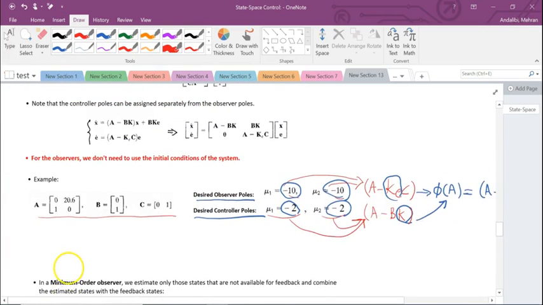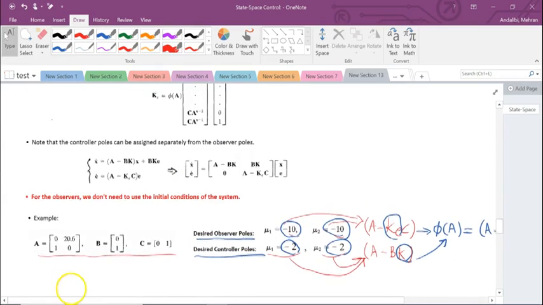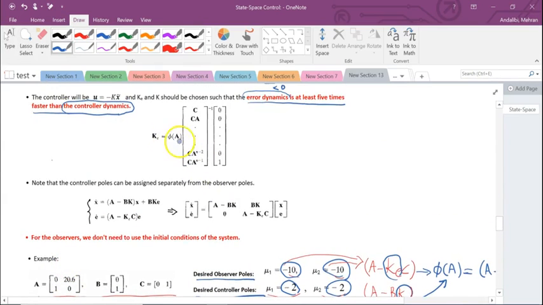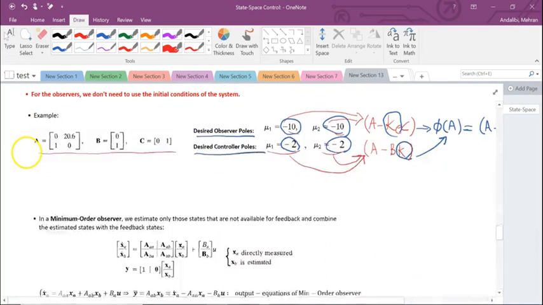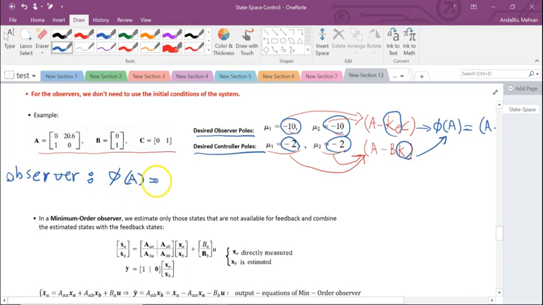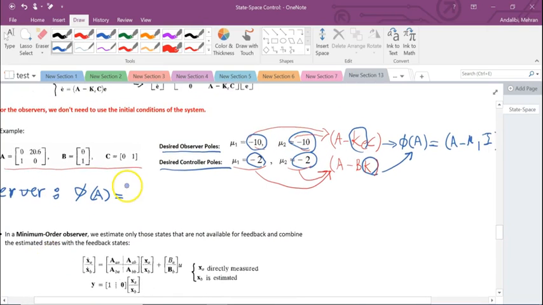If you want to go for the observer design, phi of A is going to be (A - 10I) times (A - 10I). So for the observer, phi of A, again, we used negative 10 and negative 10.